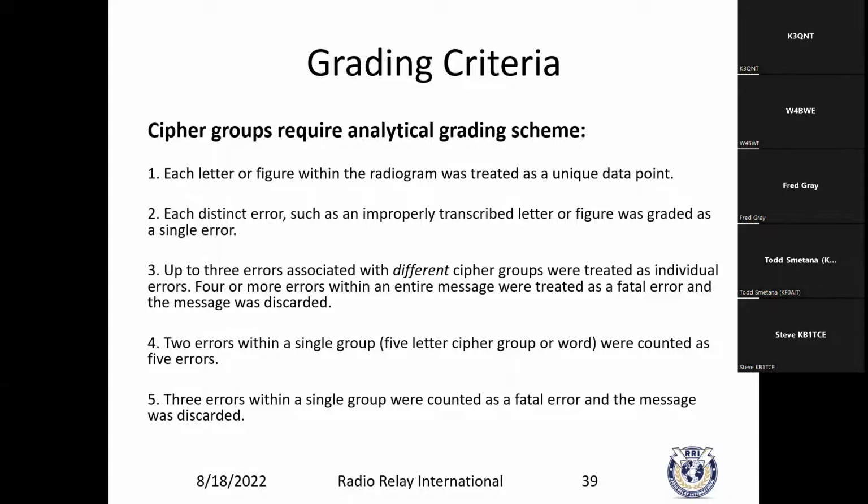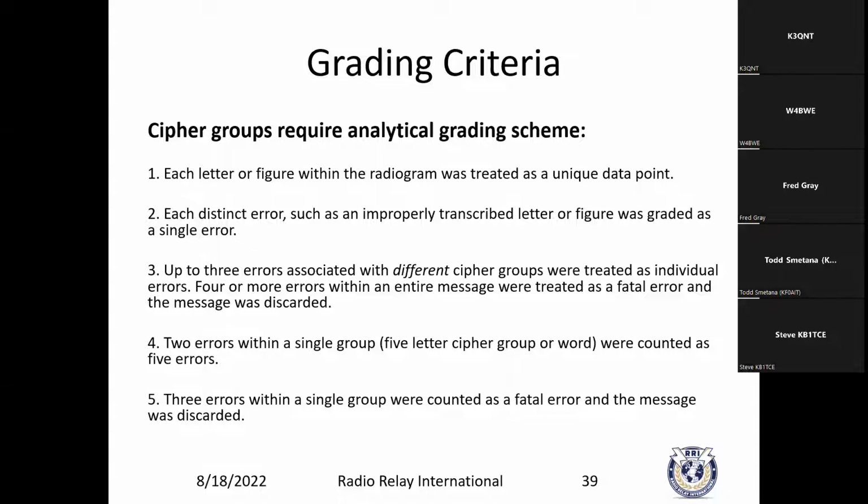So we allowed for minor errors within the accuracy measurement methodology, but we also tried to come up with an analytical method that seemed reasonable for determining whether an error or small group of errors were fatal or non-fatal. This was the grading criteria that was ultimately used.